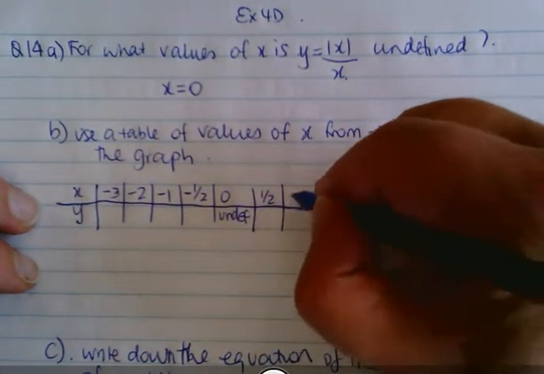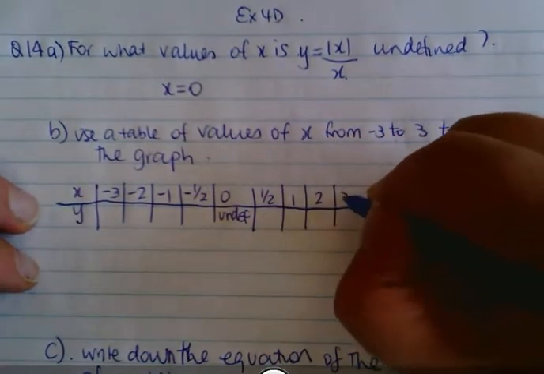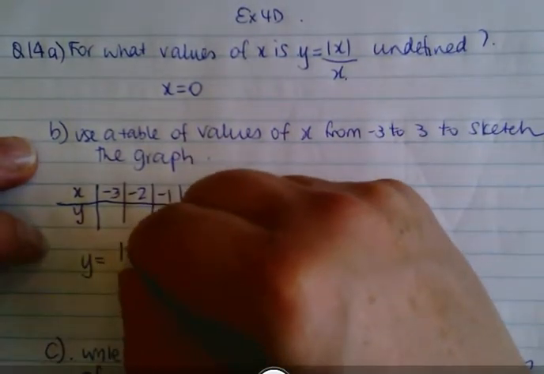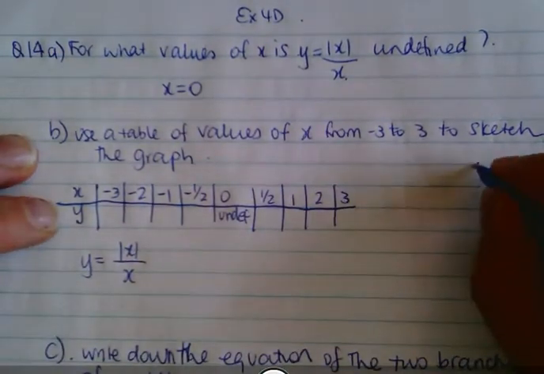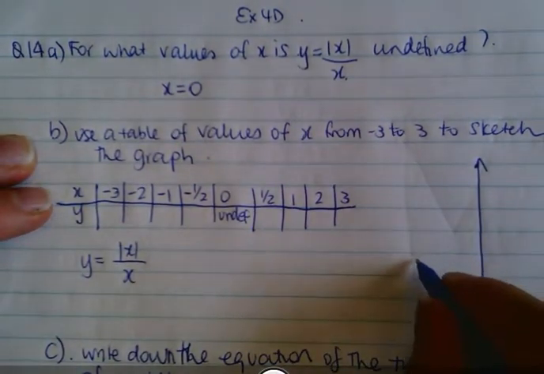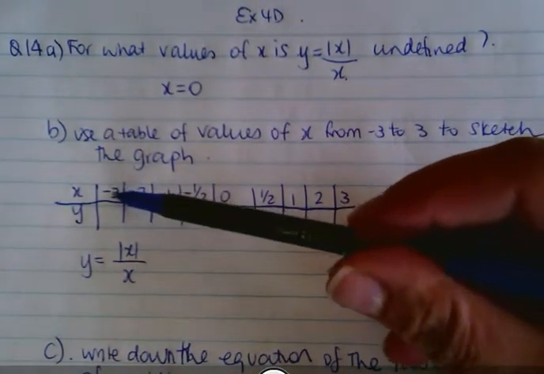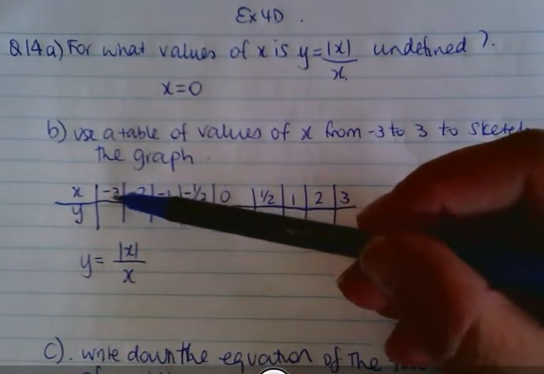We can do 1/2, 1, 2, and 3. So we're substituting into the function y equals the absolute value of x over x. And over here we'll be sketching the function. So let's start when x is -3. Absolute value of -3 is 3.